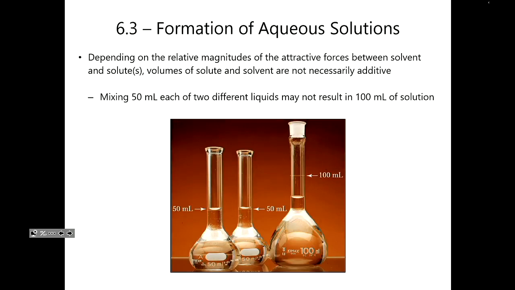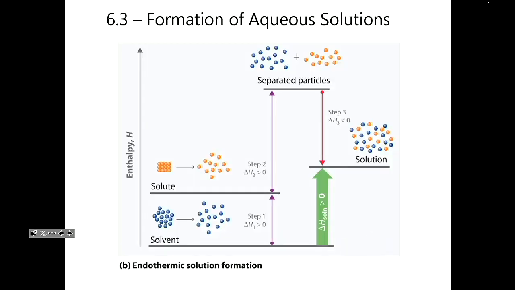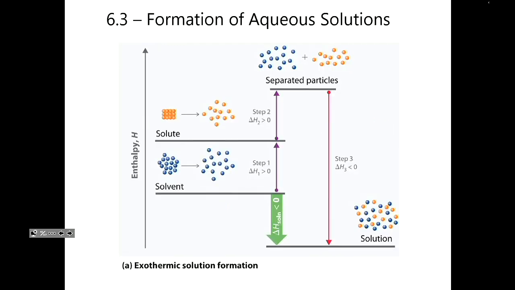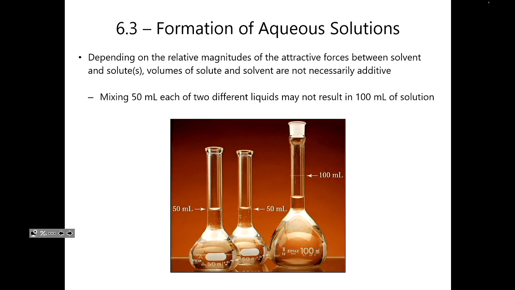So a couple of things that you also need to be mindful of. We had talked about this last semester when we introduced the concept of solutions. Now that we understand the molecular level, what's happening, depending on the attractive forces that exist between solute and solvent after they've mingled or mixed with each other, that can have an effect on the volume of the solution.